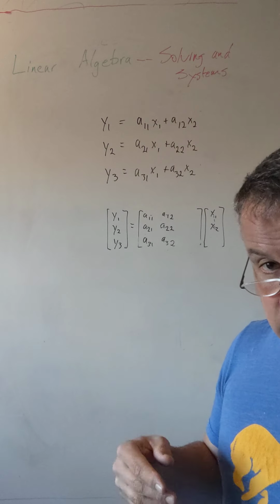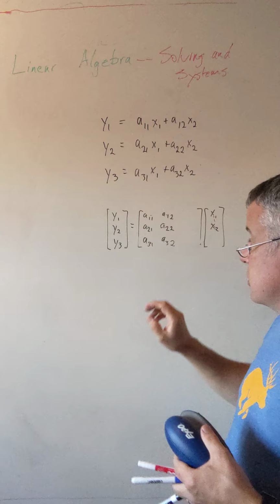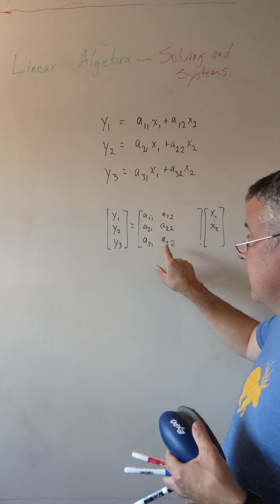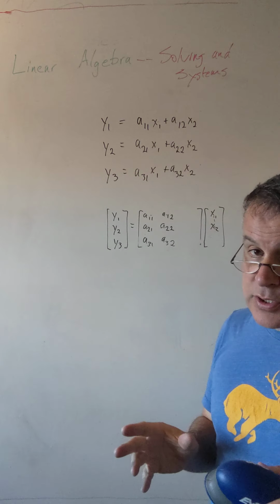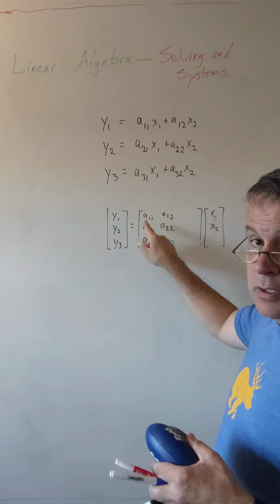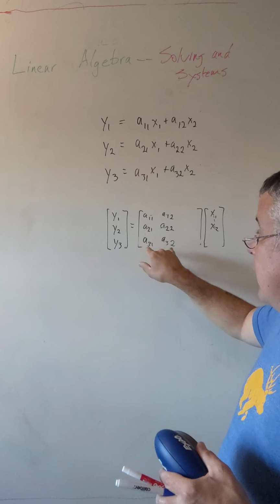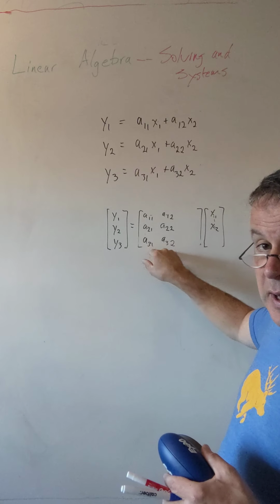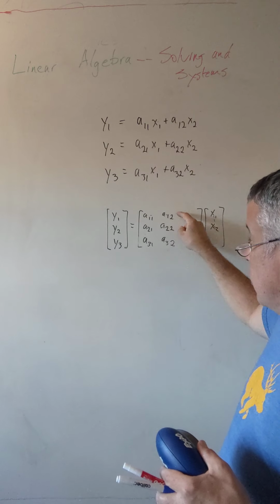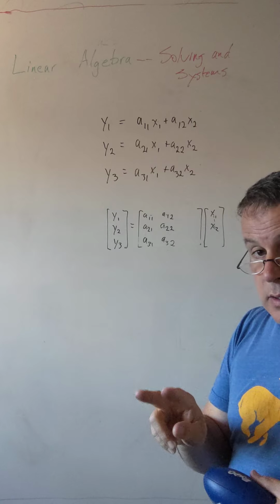So what we say is we talk about this as having a matrix rank. So the rank could be as much as the lesser of the two. So this is a 3 by 2 matrix, 3 rows, 2 columns.